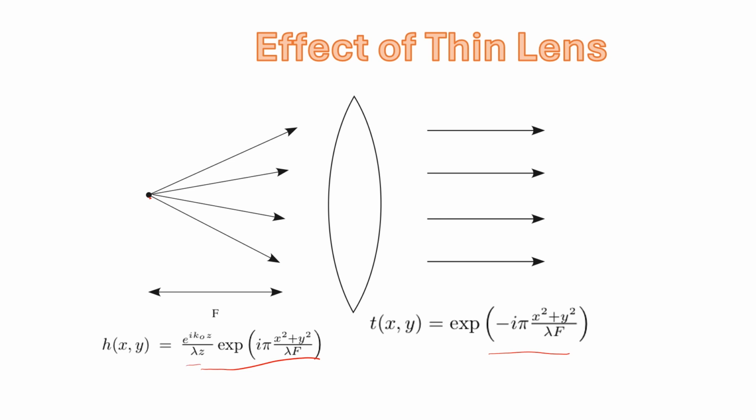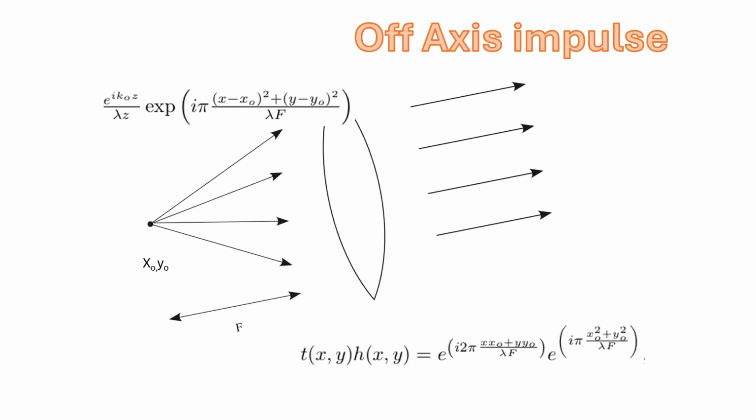If we move the impulse off axis, so now the impulse, instead of being centered at x equals 0, is shifted to some other position, then the diffracted field will have some quadratic phase modulation from the position of the object, but as a propagating field as a function of x, y it is now a plane wave, tilted at some angle x naught over f relative to the optical axis.